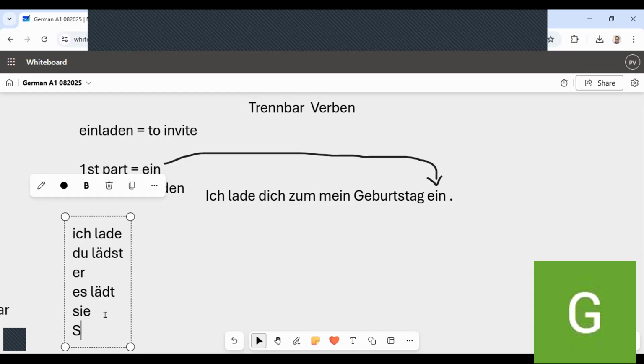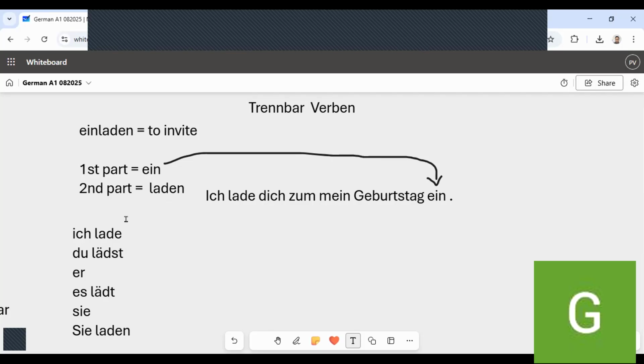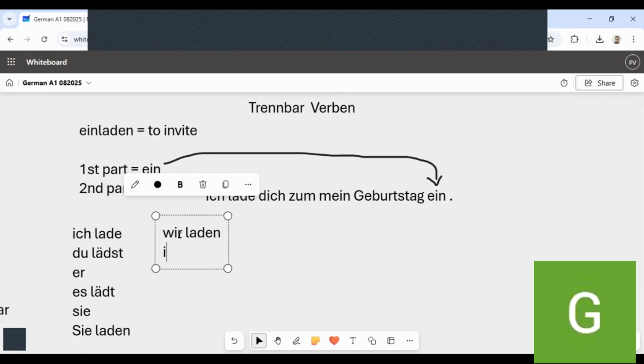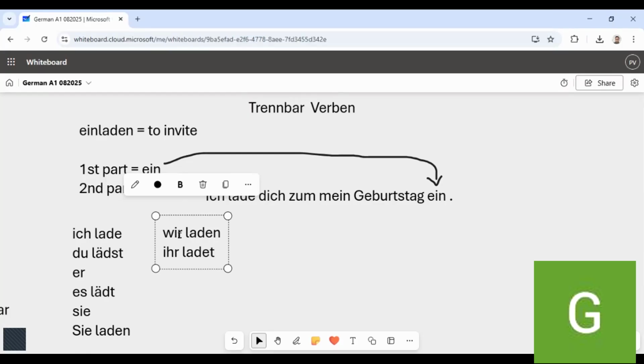And then we go to the plural side. Here, laden. Here, laden. So here only the stem and then the ending: t, laden. So this is the conjugation of the verb.